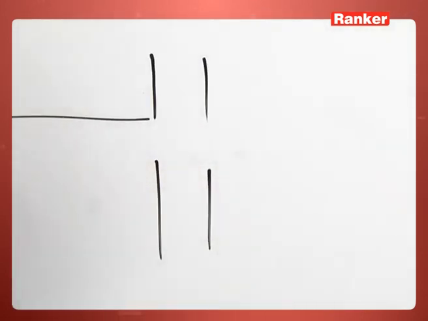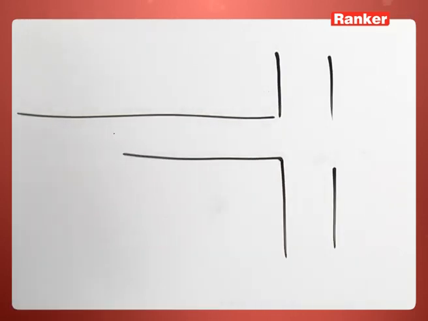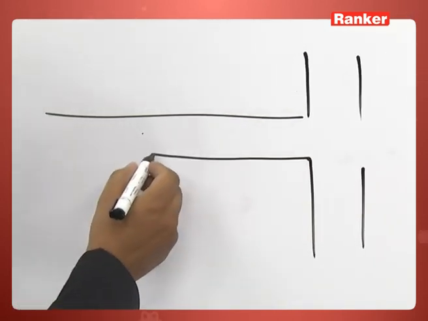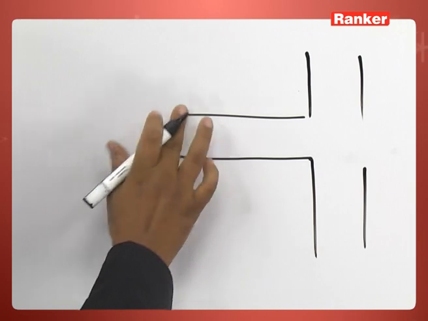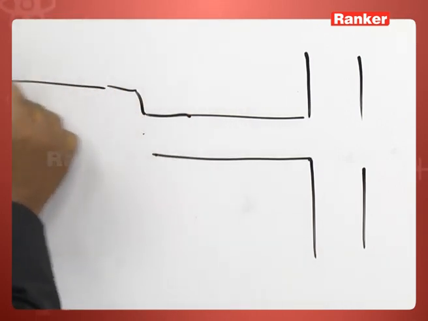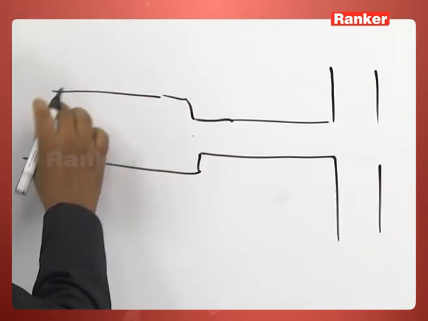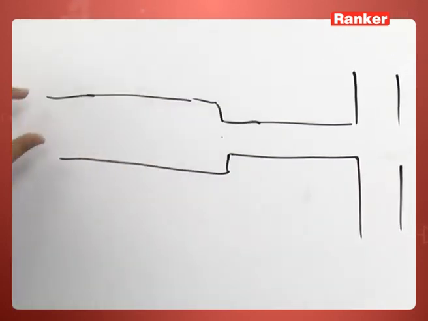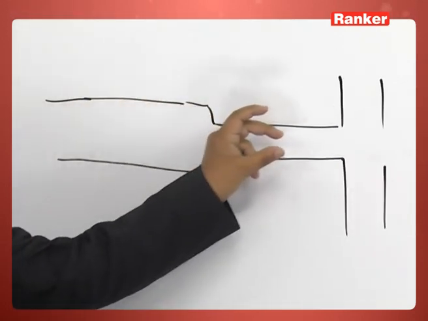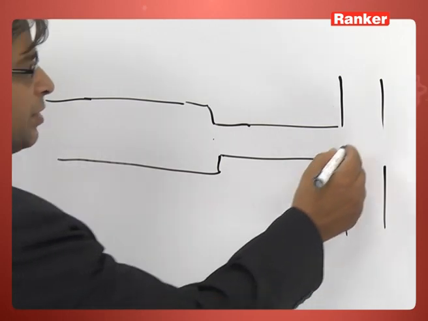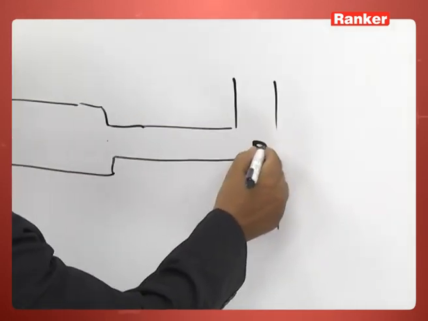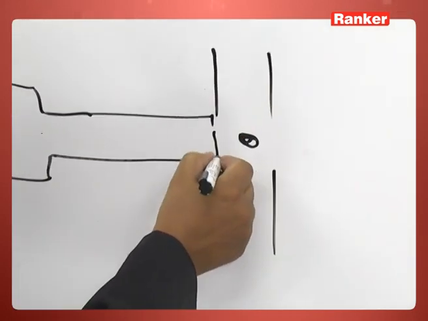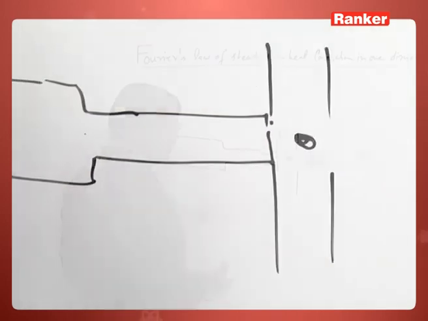So, this is a traffic and you see here, this traffic has some sections like this. Here the road width is large, and here there is a traffic signal, and some barrier or checkpoint is here.